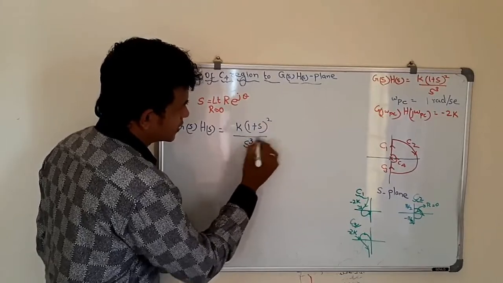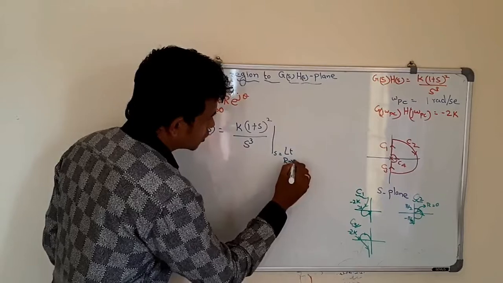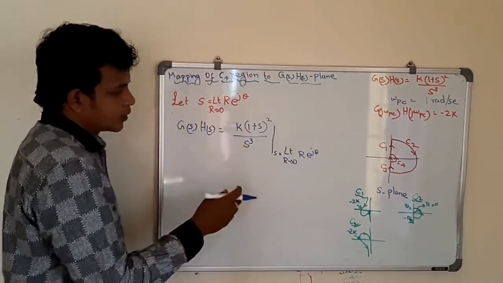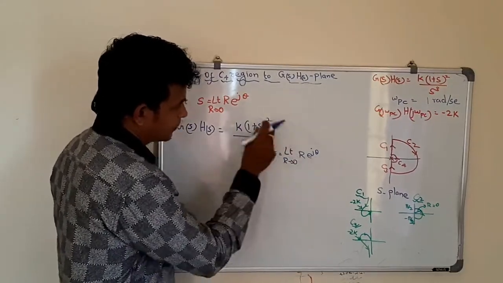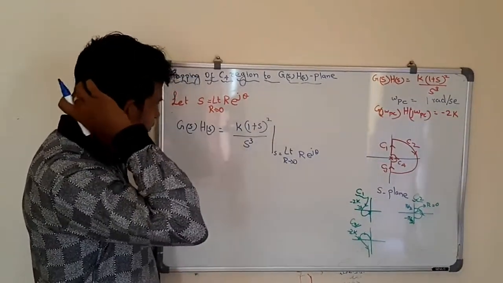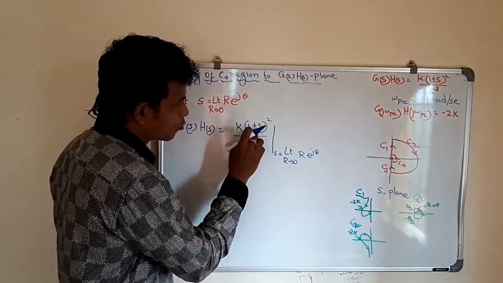S is equal to limit r tends to 0 of r into e power j theta. Now I am replacing s by r into e power j theta. When I replace s by r into e power j theta, and the value of r is also tending to 0, it becomes 1 plus 0 the whole square divided by s cube.